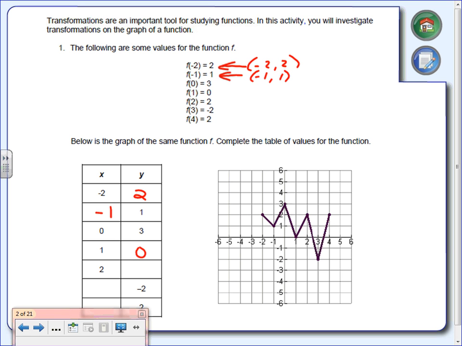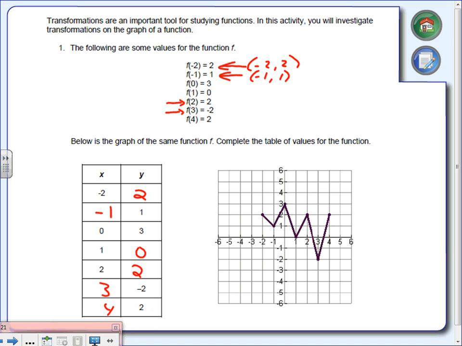The next ordered pair would be 2, 2. I'm looking right here. 2, 2. The next ordered pair would be 3, negative 2. That's this one right here. And finally, the last one would be 4, 2. That's this one right here. So all I did was convert the function notation and rewrote them as ordered pairs. And that's what I got.